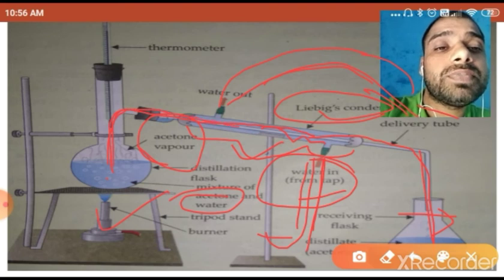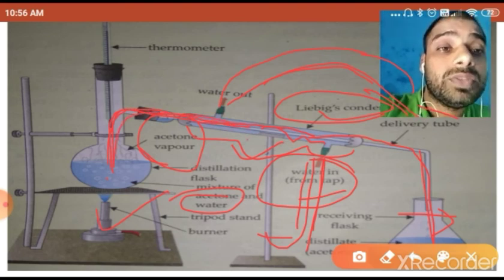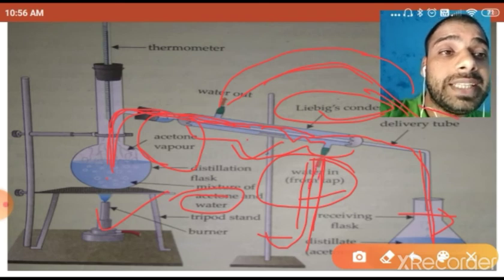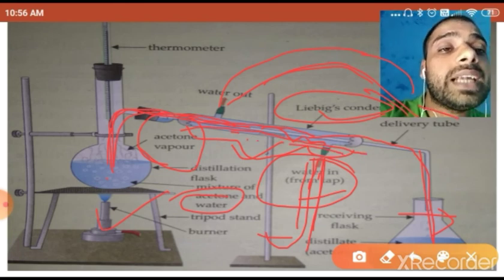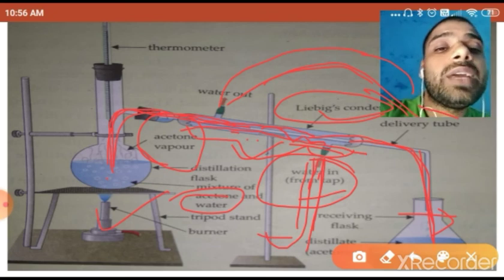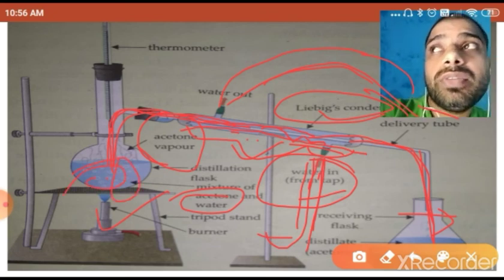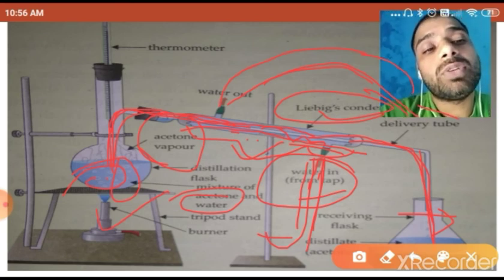It will come this way, but in vapor form. The water inlet is there, cold water is cooling the outer surface of Liebig's condenser, and the acetone vapor will condense. If the acetone vapor condenses, it will change into liquid, and the liquid will go in there, and the water will remain in this one. Acetone and water can be separated. We will get our two components.